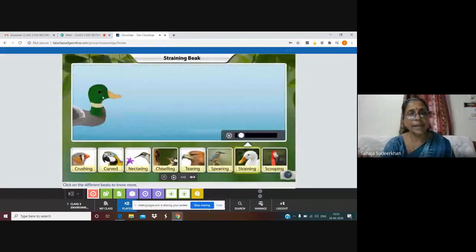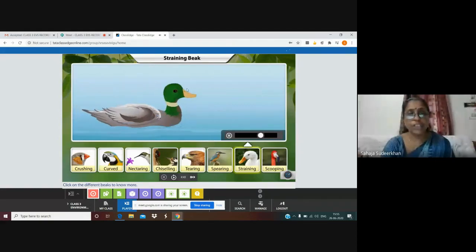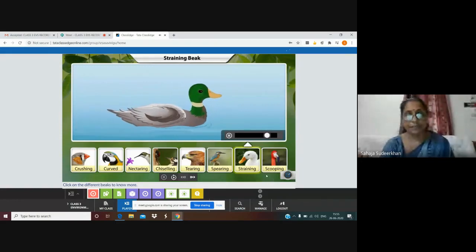Have you seen the duck? It has a long spoon-like straining beak for straining muddy water to get fish. It strains fish from the muddy water.